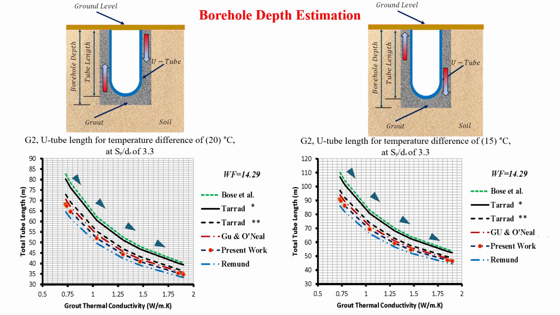In this example, we have found that the highest length for a specific value of temperature difference was obtained by both Etal and the lowest was predicted by Raymond.